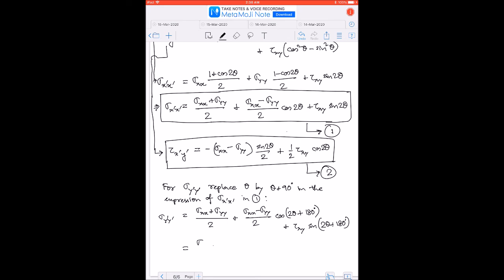So overall what we'll have is sigma xx plus sigma yy by 2 minus sigma xx cos 2 theta and tau xy sine 2 theta.